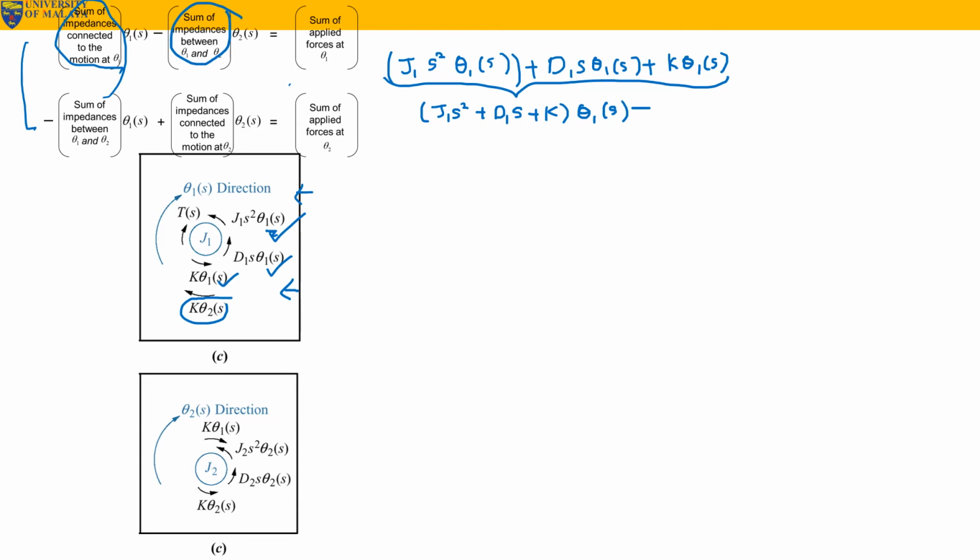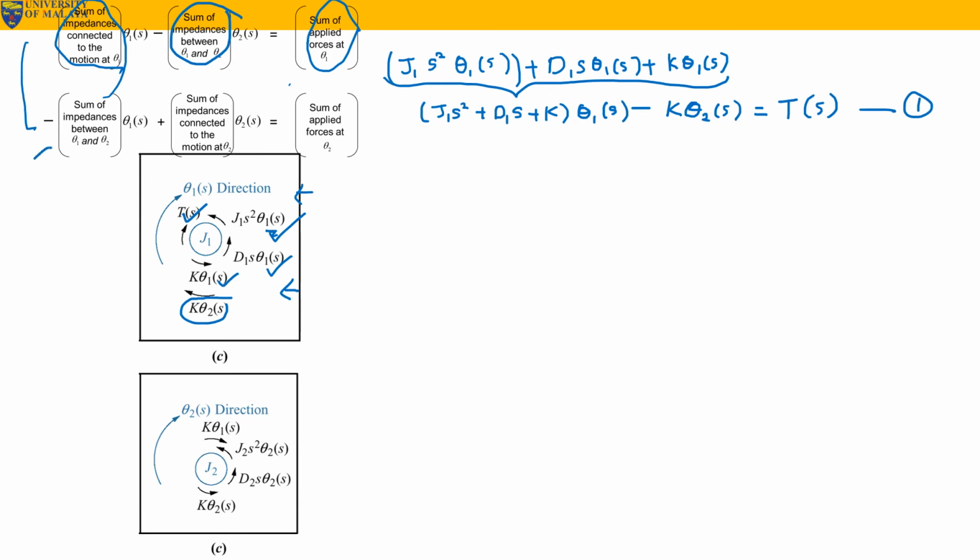So here we have minus the sum of impedances, which is just K. There's only a single term, and this is multiplied with theta 2 of S, and this equals the sum of the applied torques at theta 1, which is T of S. So that is the first equation.